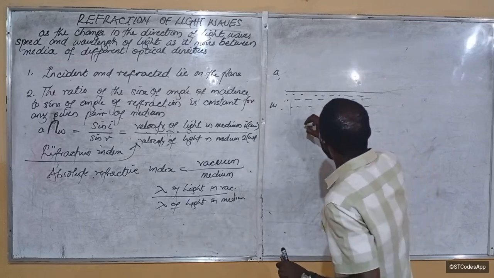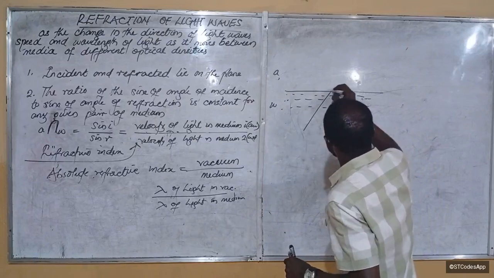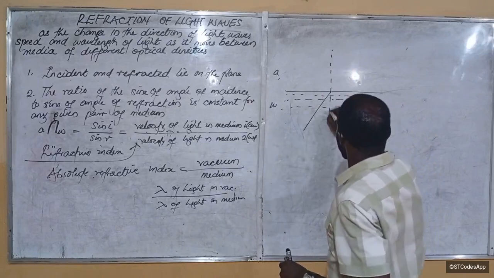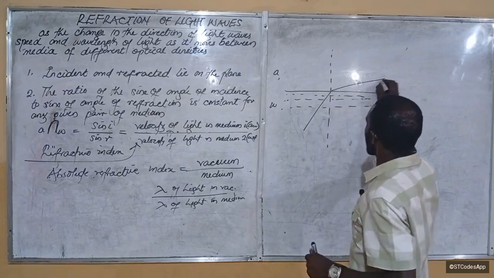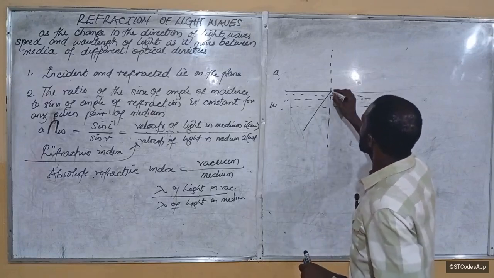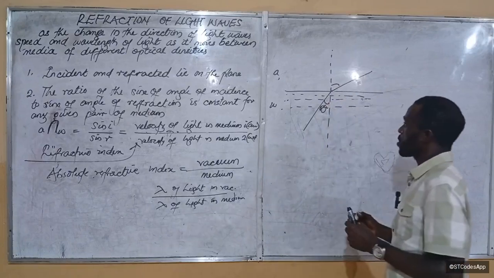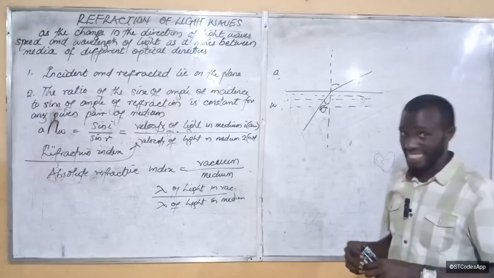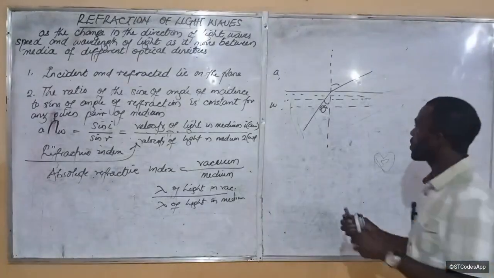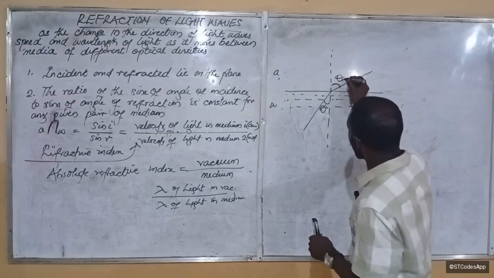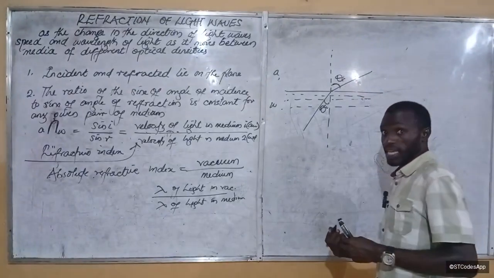If I send my ray of light at this angle, you already know that it will be refracted at an angle greater than the angle of incidence at which I sent it. So it means that this theta r is greater than theta i.